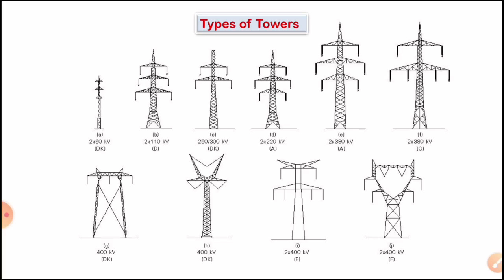But our cable system is very costly once the voltage increases further and further. So overhead lines are the easy and best way of transmitting electrical energy from different places, remote areas, from the generating station.